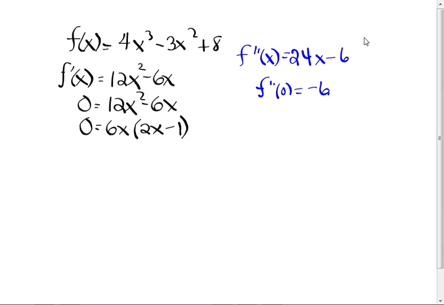It means that this second derivative being negative means it's concave down. So this is a max. f double prime of 0 is less than 0. Concave down. We're going to do the other one in a second.